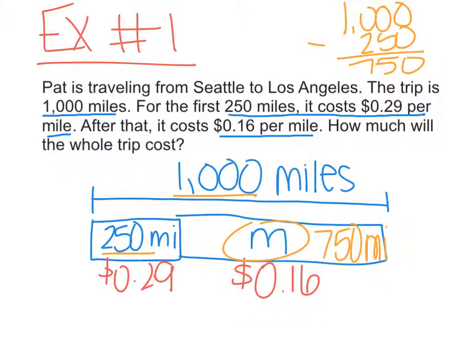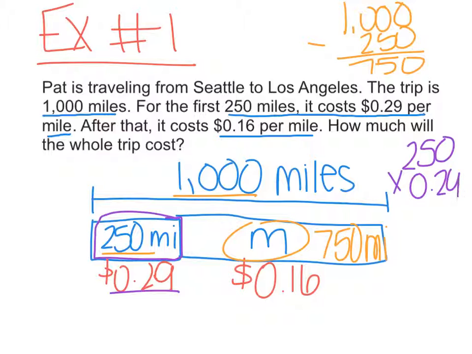Now let's do our calculations. So for this part of the trip, 250 miles, it was 29 cents per mile. So we're going to multiply 250 because every single one of those 250 miles costs 29 cents.